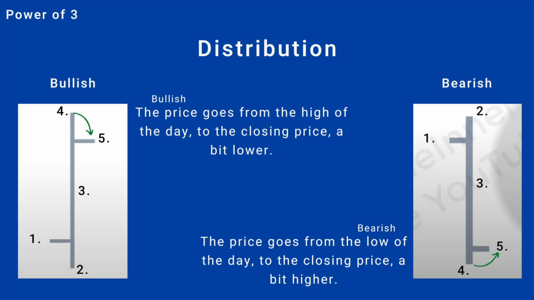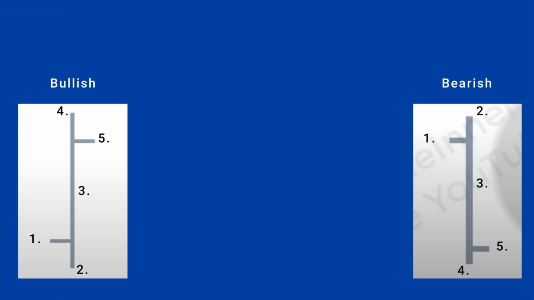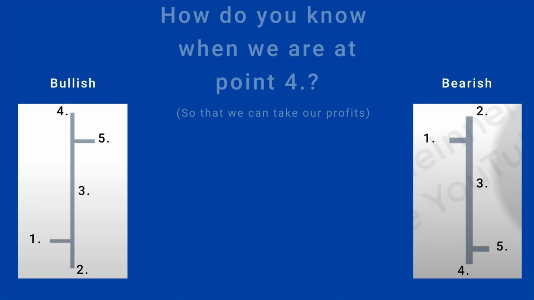When we look at the bullish and bearish powers of 3, keeping in mind accumulation, manipulation and distribution, the biggest question for us, now that we know that our entry should be around point 2, or more or less at the opening price of that day, is: how do we know when we are at point 4? Because at point 4 we want to be taking our profits.